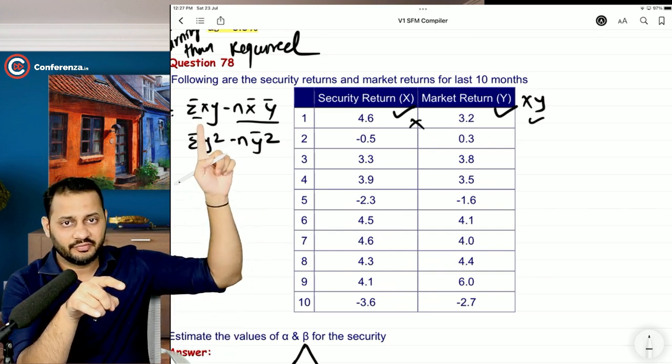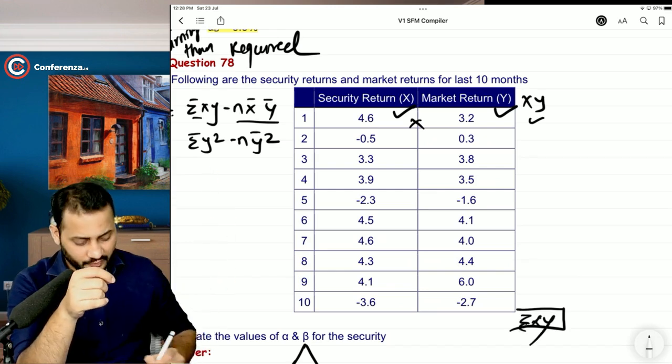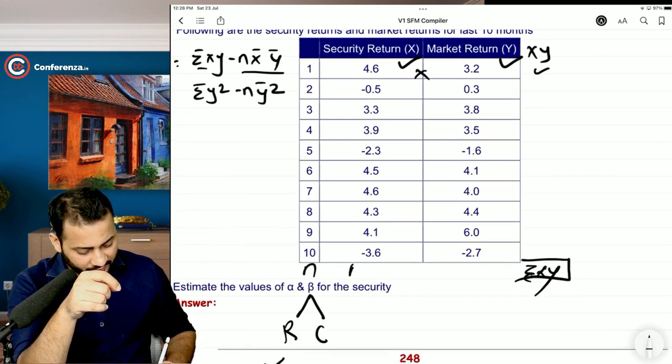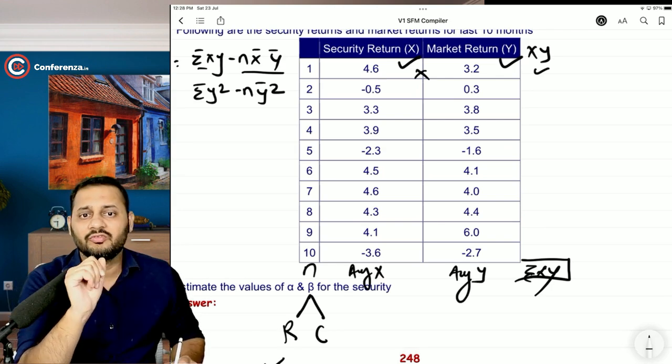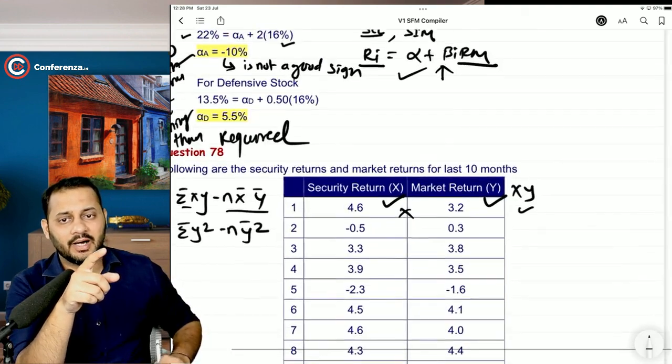This is summation of xy, the total of this column. Then n means the number of observations, this is 10. Bar x and bar y mean the average of x and average of y. Do the total of all the x and y and then divide by 10. So you will get bar x and bar y.